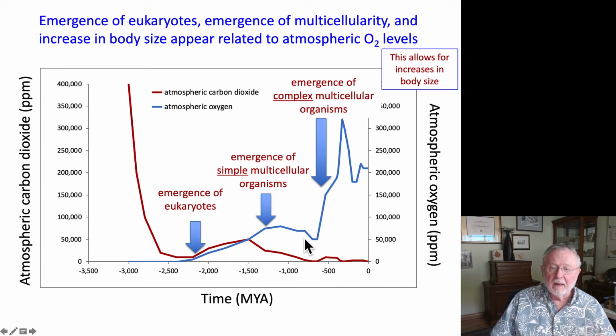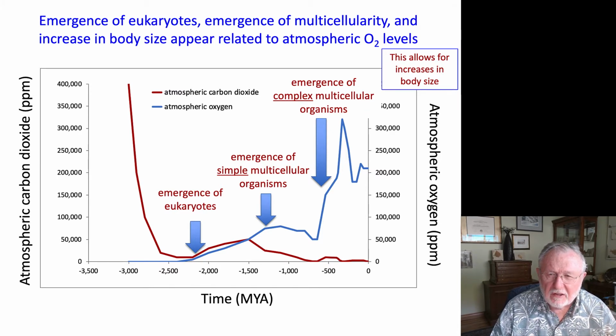And then about 650 million years ago, we come out of snowball Earth 2, and we see another increase in oxygen levels, and we find the emergence of complex multicellular organisms.